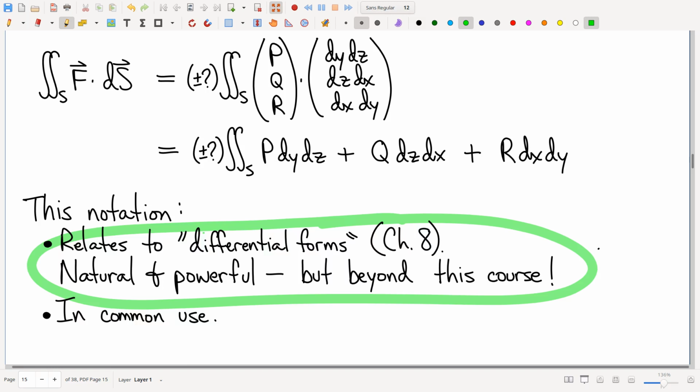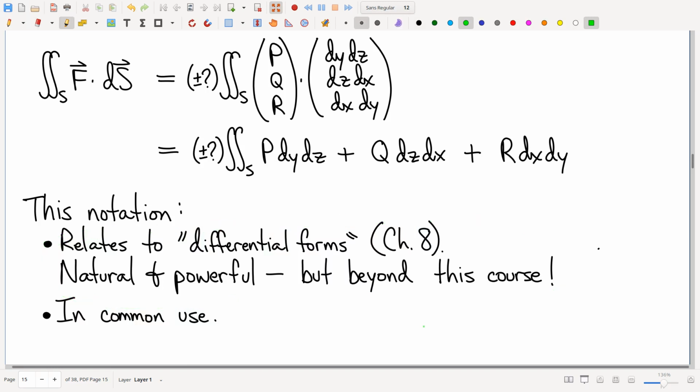And along those lines, it's a good cultural thing to know that this is what differential two forms look like, very largely. And that's powerful stuff. There are really, really important things that you can prove using differential forms which look a lot like this. So there are really great reasons to like this notation. They just aren't going to come up for us.